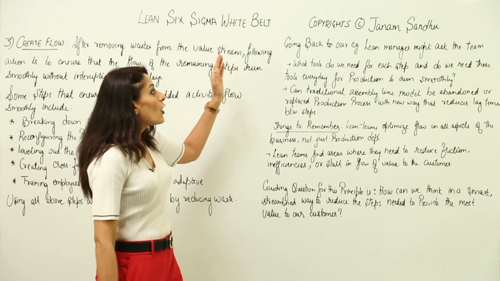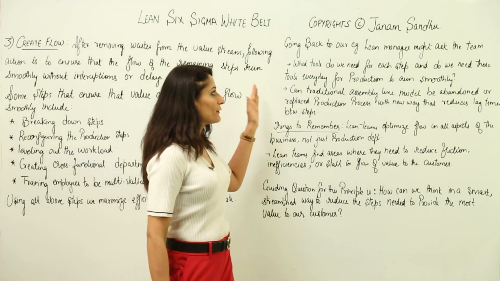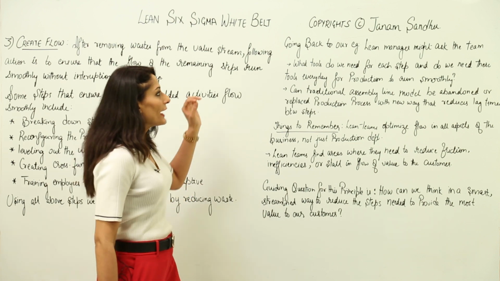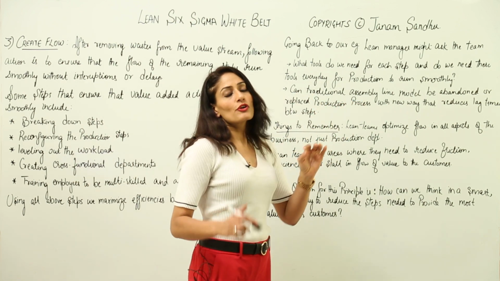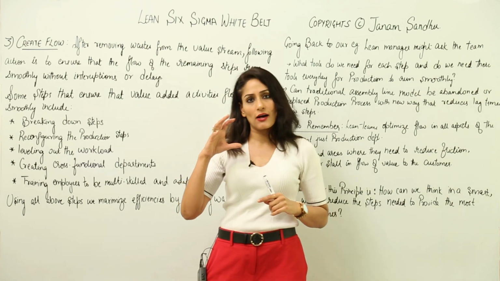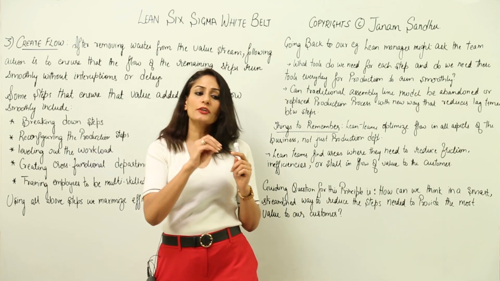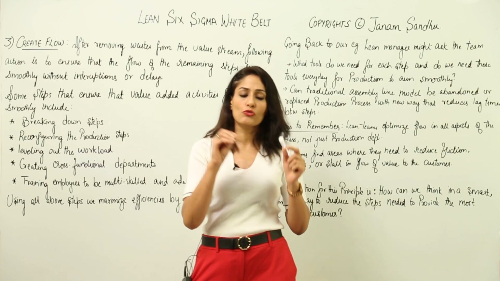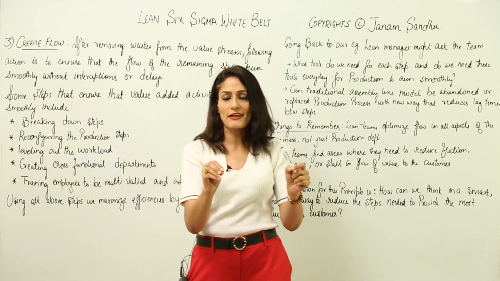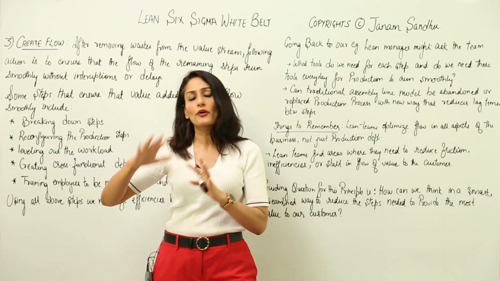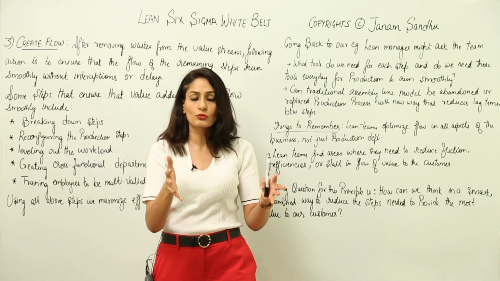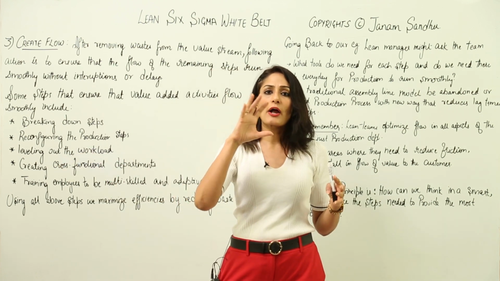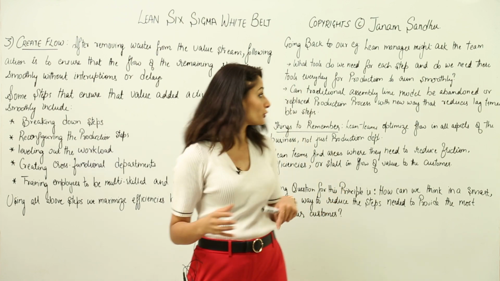For example, what tools do we need for each step, and do we need these tools every day for production to run smoothly? Basically, the lean manager would ask what are the tools that are required every day, so that they should be present within the facility, and the ones which are not required regularly, space should be created for other tools, right. So, basically they try to reduce the waste of motion.